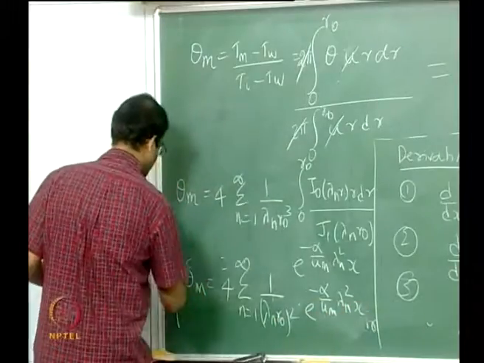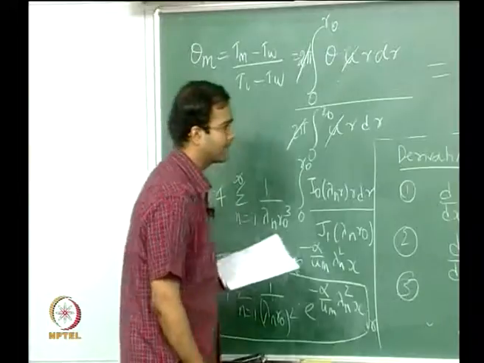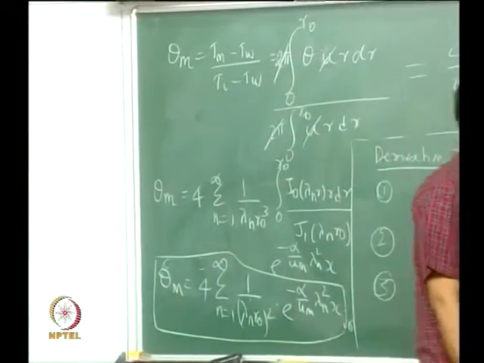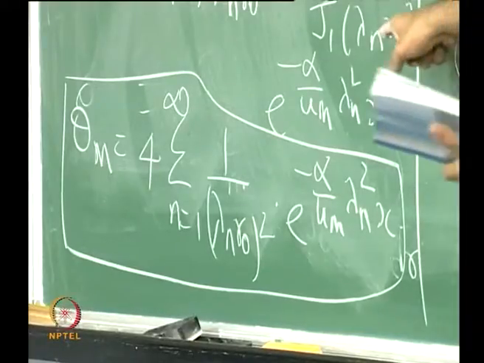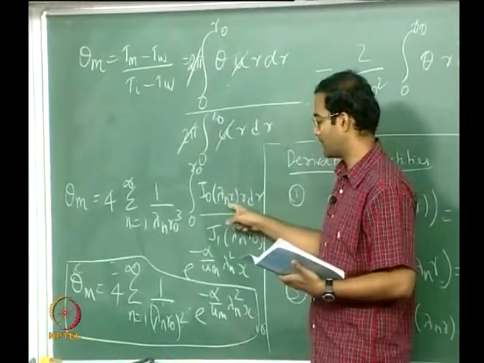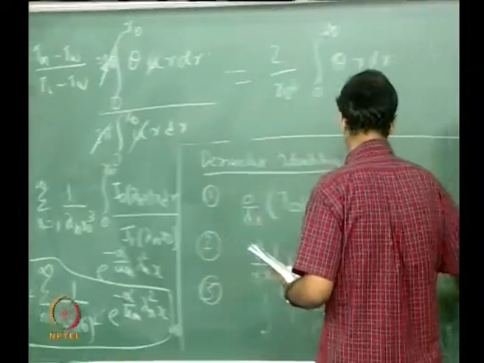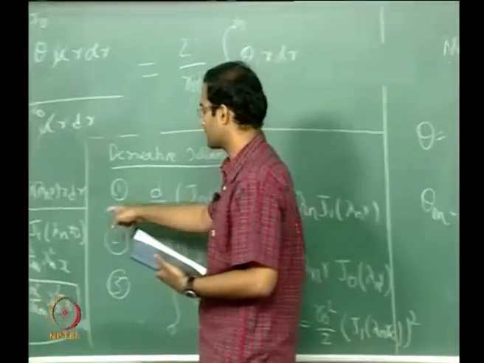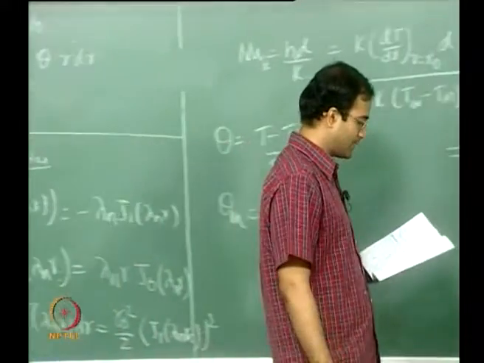So this is the final expression for theta m that you will be getting. If you use this identity and substitute it here, you will cancel off J naught lambda n r naught. This J naught lambda n r naught will be nothing but J1 lambda n r, and this will get cancelled off. It is just a very simple manipulation.